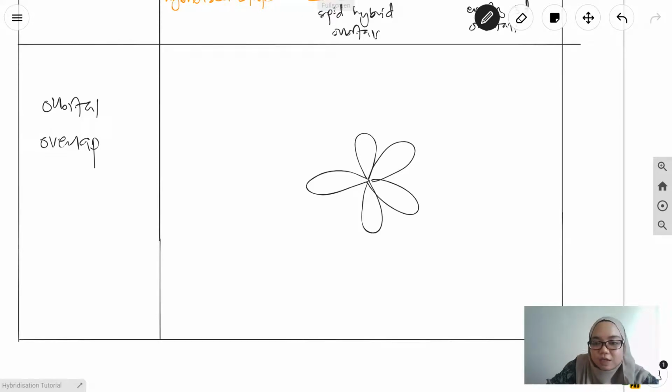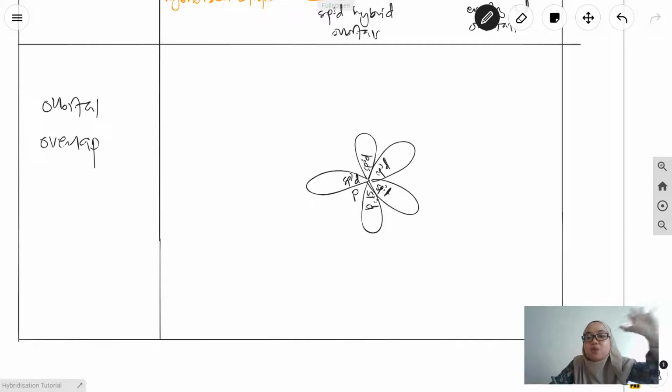Okay, so label this P. And then we label these sp3d, sp3d, sp3d, sp3d, sp3d. Okay, so P has 5 sp3d hybrid orbitals.